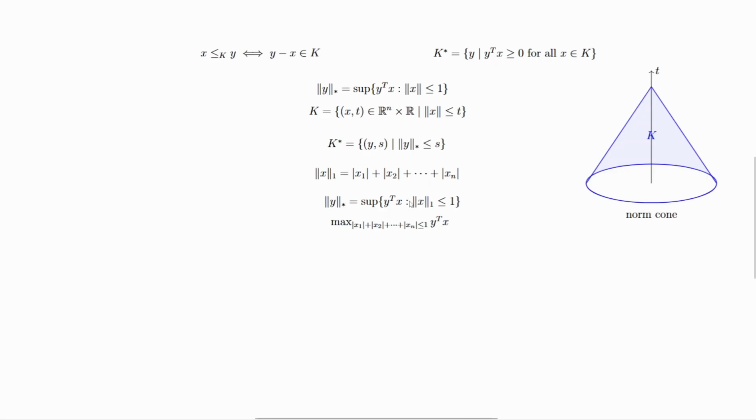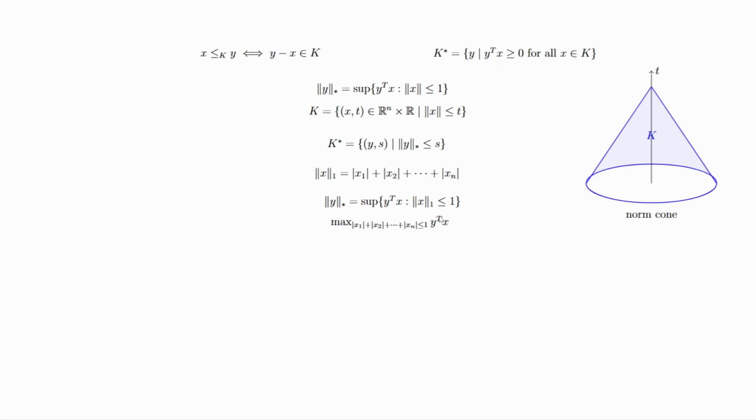To find the maximum y transpose x, we write out this small optimization problem here. So let's think about this problem a little bit further. Remember, we can write out the expanded form of this dot product. The dot product, remember, is just the component-wise multiplication.